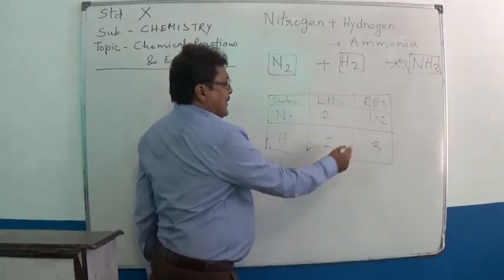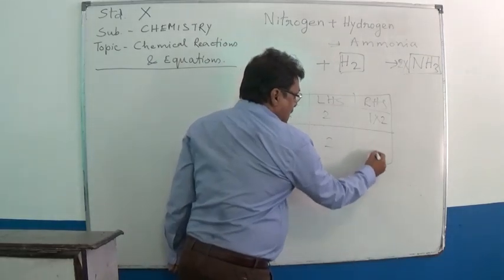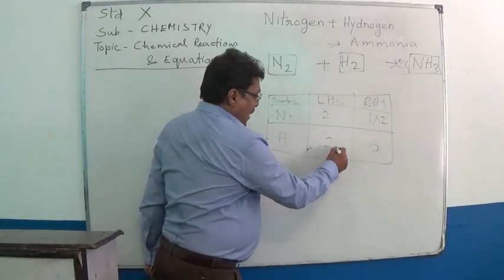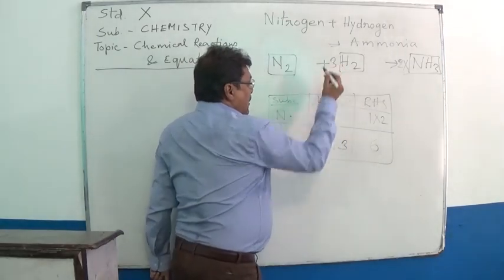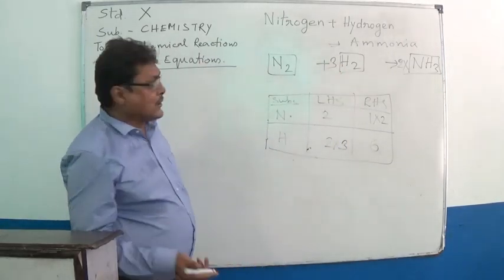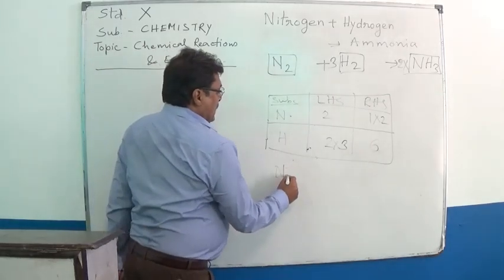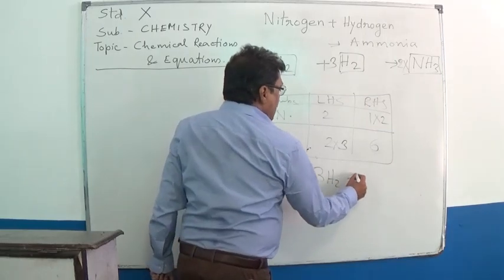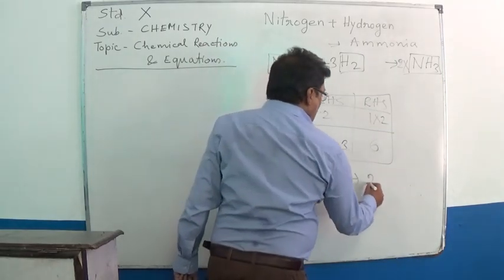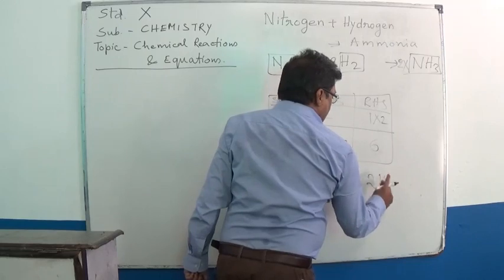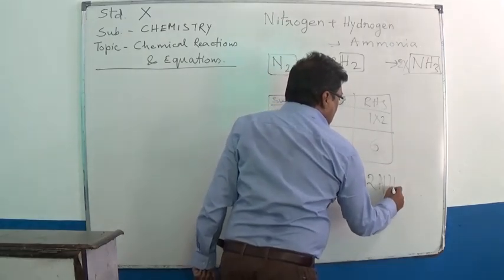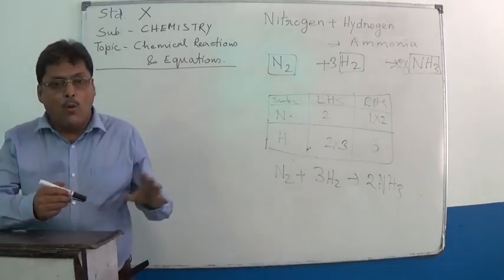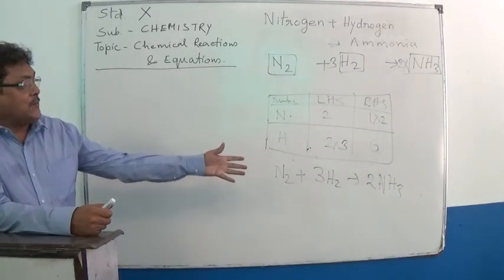To balance that, we must also multiply this side with 3. So the final balanced equation will be like this: N2 plus 3H2 produces 2 molecules of ammonia. Now this is how basically ammonia is produced.